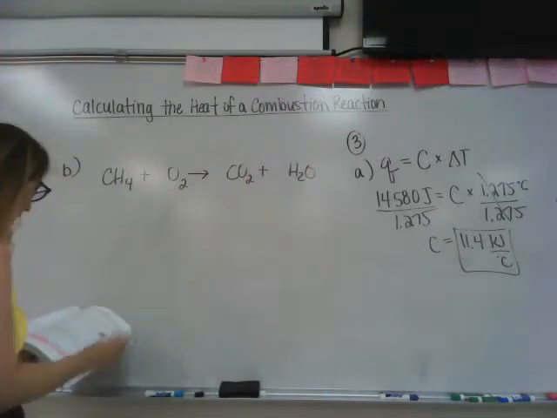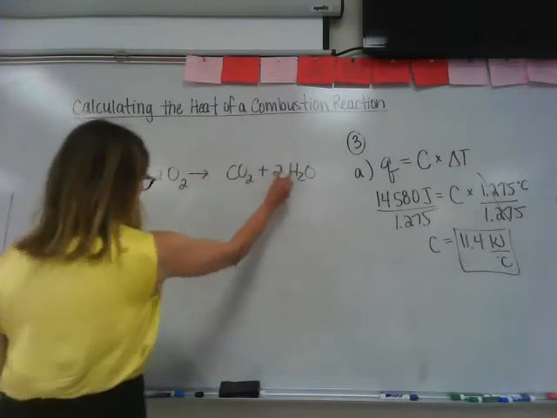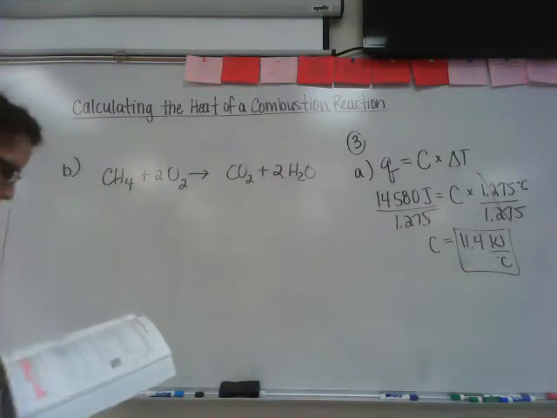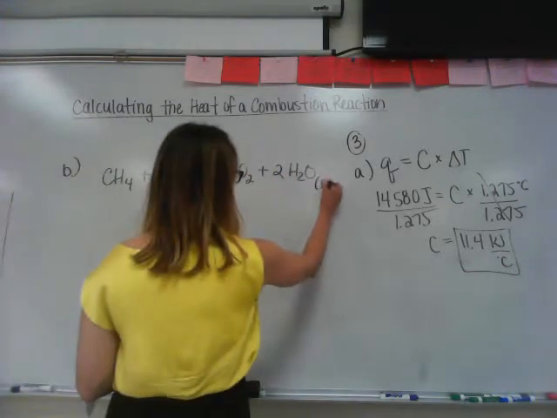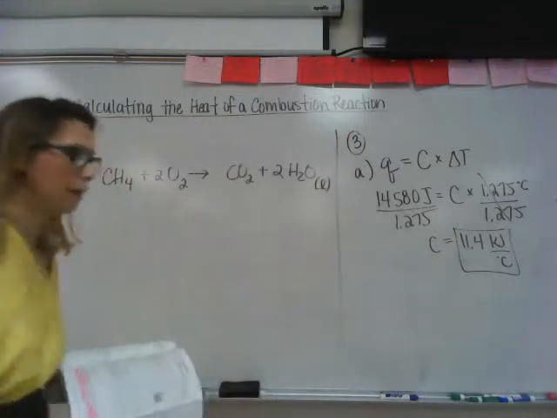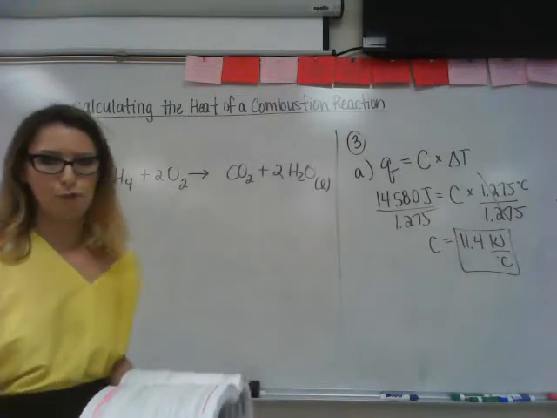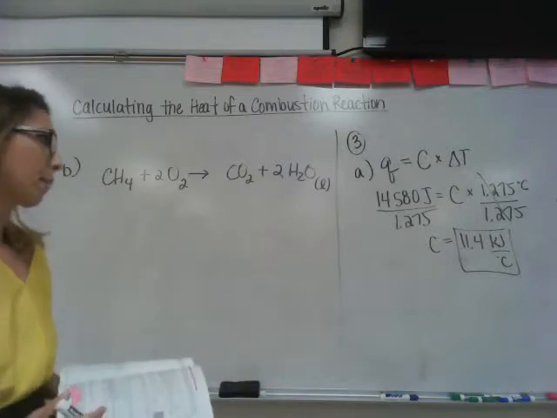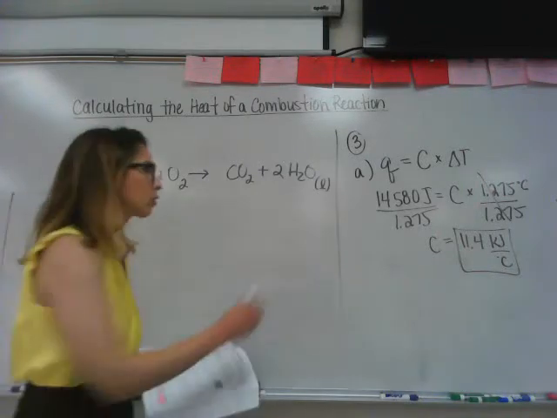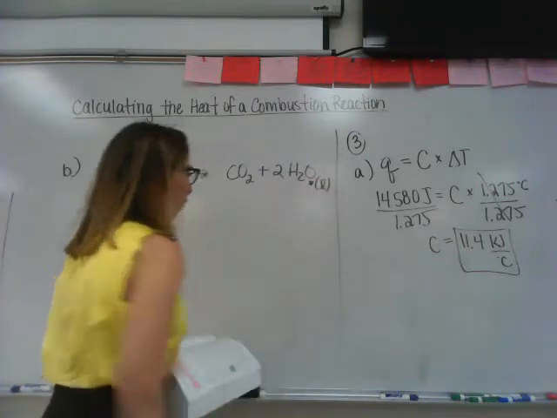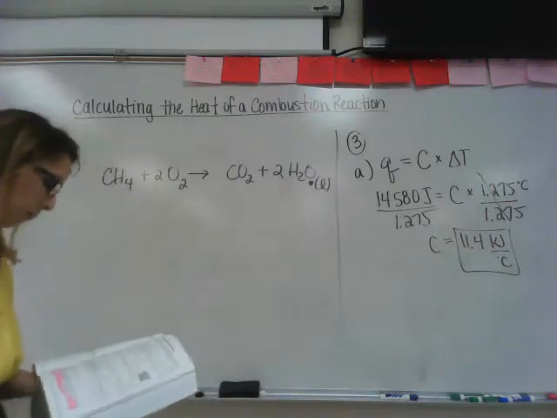And then to balance this, I'm going to put a 2 in front of O2 and a 2 in front of H2O. Now, the state of matter is important here because the state of matter influences which heat of formation I use for water. Is it water vapor? Is it water liquid? So make sure you know we're forming liquid water, okay?